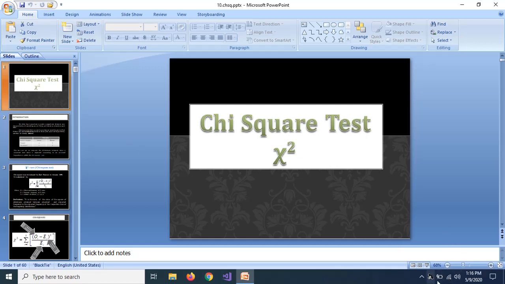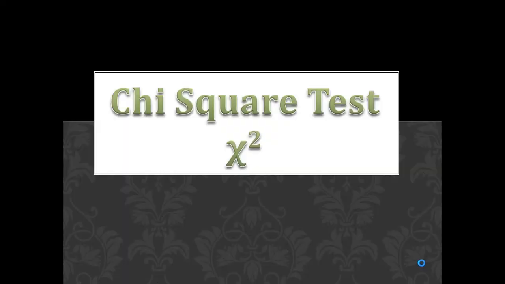Well, so far we have discussed two parametric tests, that is the large sample test, the Z test, and the T test. Now this is the third test, which is mainly used when we have qualitative parameters that are to be compared. That is known as the chi-square test.